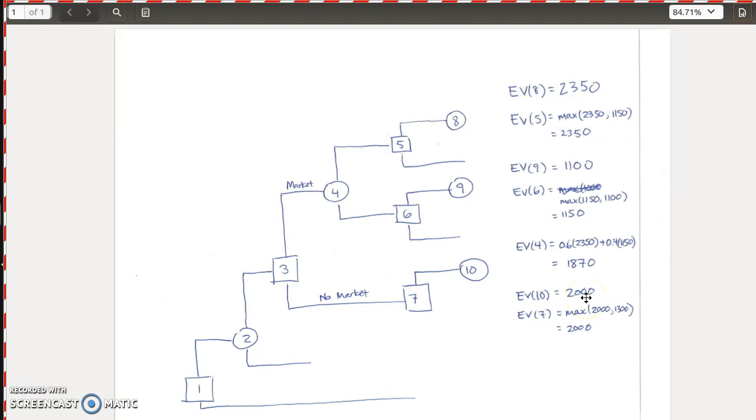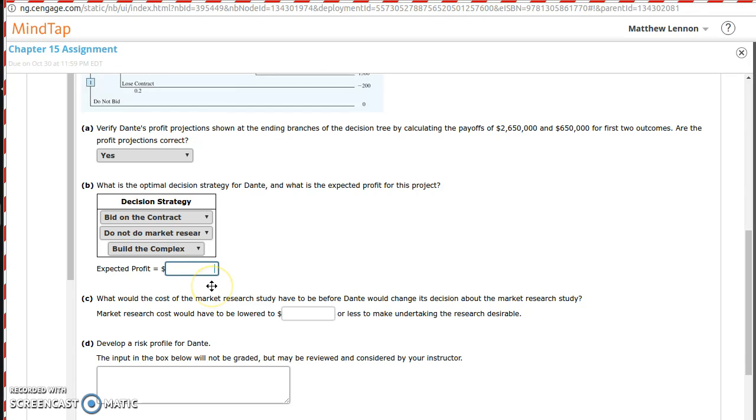So that is 0.8, the probability of winning the bid, times 2,000, plus 0.2, the probability of losing the bid, times minus 200, the amount we lose for bidding on the contract and not winning it. If you do that, I think you get 1560. So enter that and just see 1560.